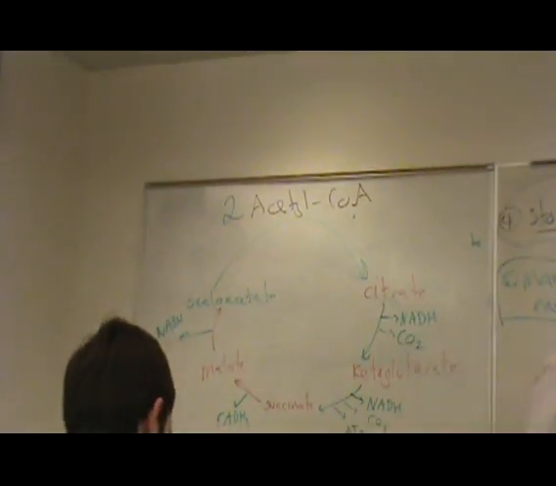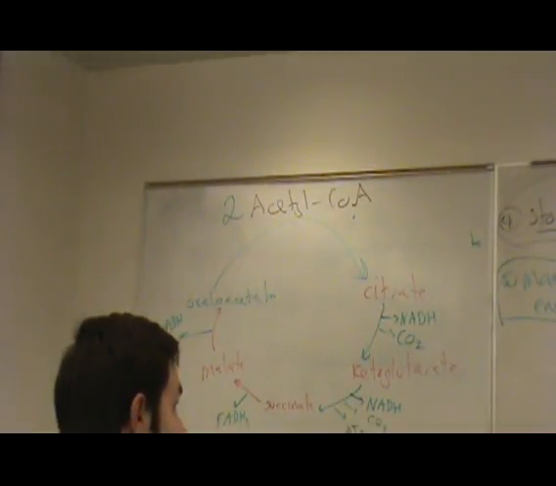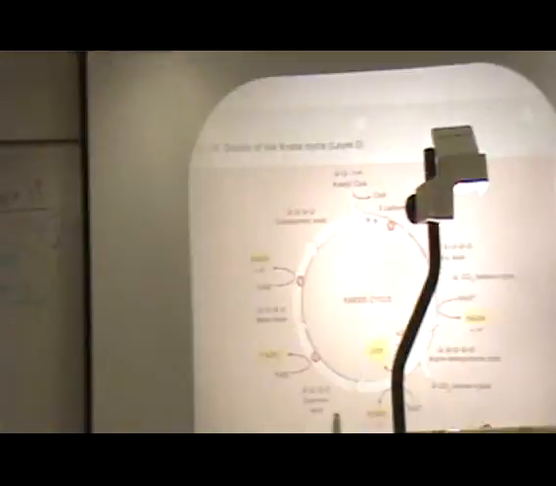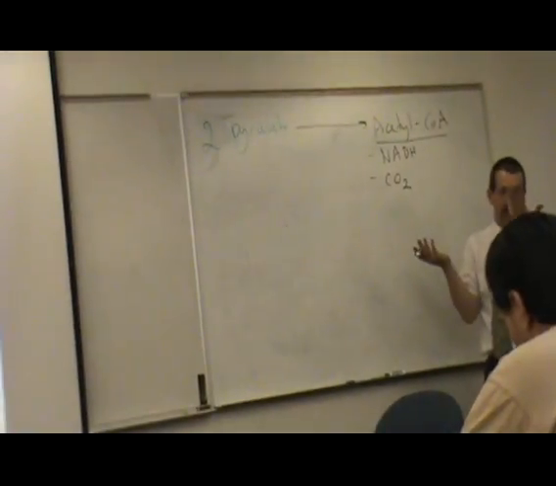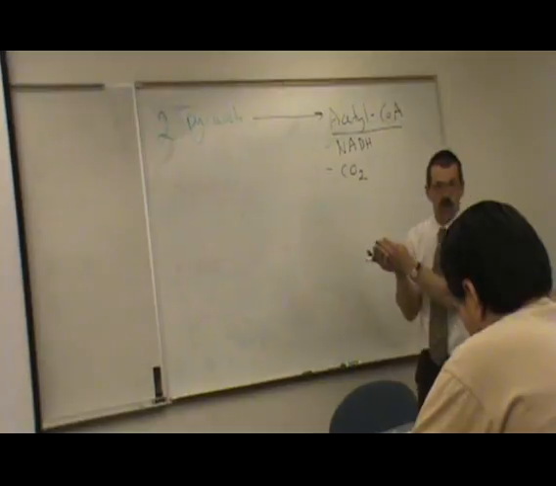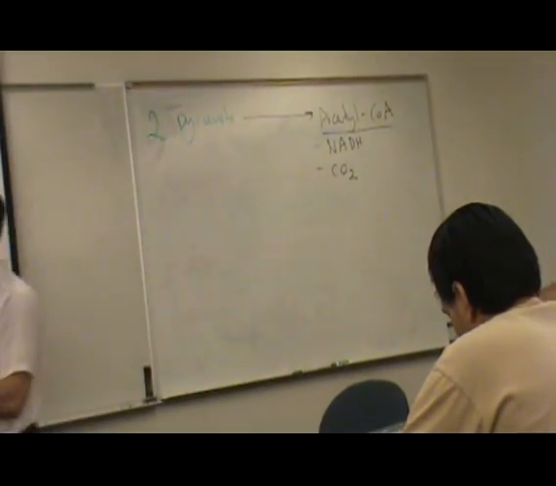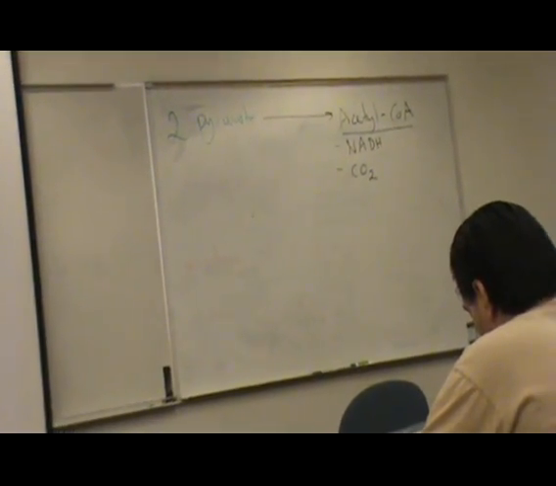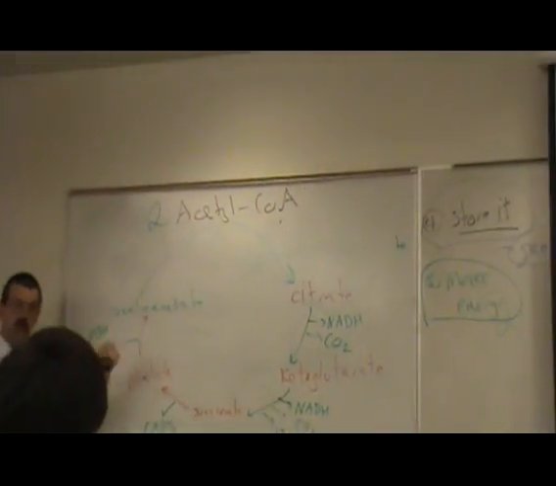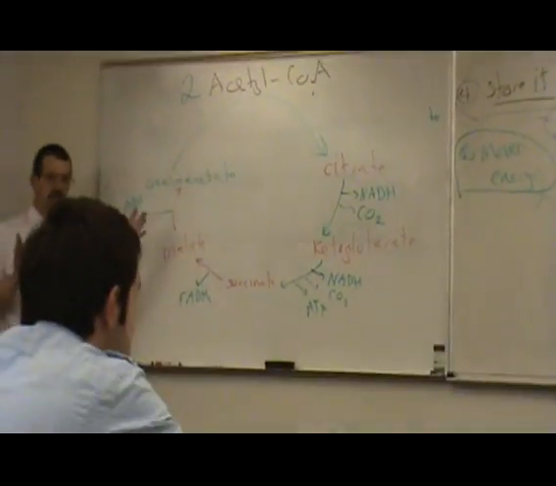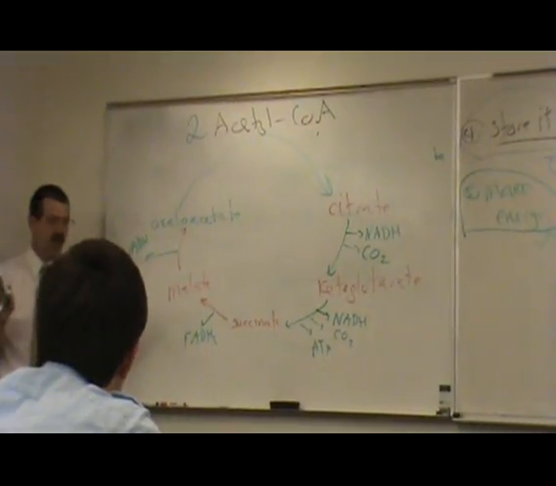So we double everything. Why do I have 2 of those? Because I have 2 of these. So everything will be double, basically, what the diagrams usually show. So per round, I have 2 CO2s. Per sugar, I'm going to have 4. So I do it twice. Make sense? So don't let the number thing bother you.